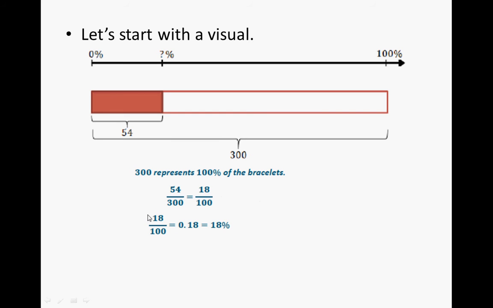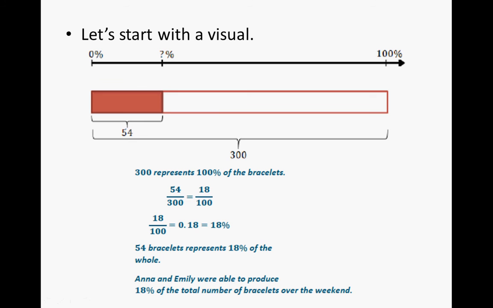Since we have this type of fraction, we can convert it to a decimal, which is 18 hundredths. The shortcut for anything over 100 is we drop the fraction and call it a percent. So 18 over 100 is 18%, or per 100. So 54 bracelets represents 18% of the whole. Anna and Emily were able to produce 18% of the total number of bracelets over the weekend.